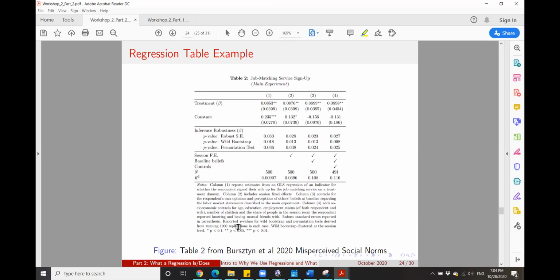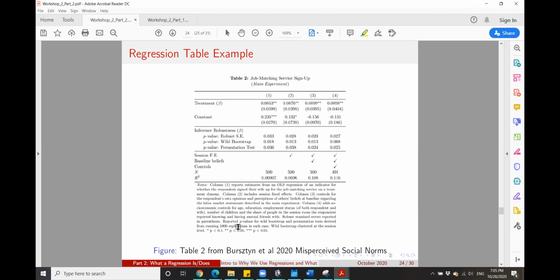And they found that there was a misperception: people said they were more willing to let their wife work outside the home, and then they thought that other people thought that would be bad. Then they randomly told people whether they corrected this misperception, and also gave them the opportunity to have their wife sign up for a job matching service. And then there are longer term outcomes about interviewing and so on.